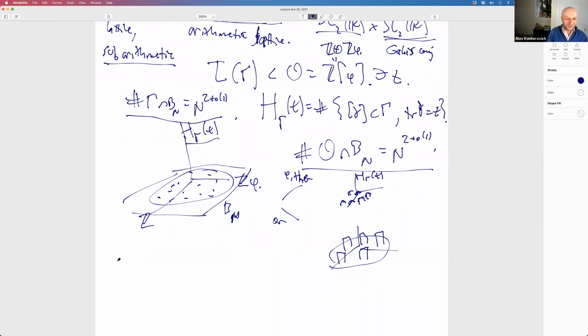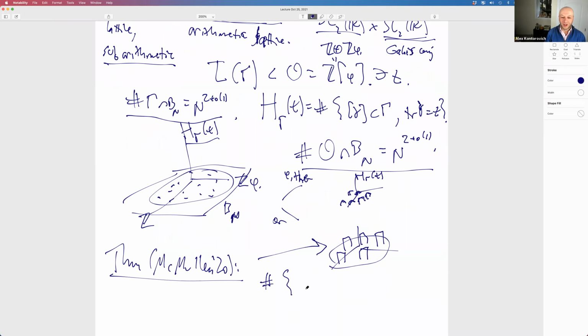Well, it's complicated, but it turns out, this is a theorem of Kurt McMullen from last year. It turns out that this is what happens. In other words, if we look at the number of t in the ring Z adjoin phi in a ball, such that this class number is non-zero, this is little o of n squared.